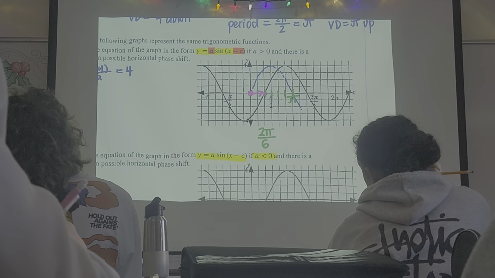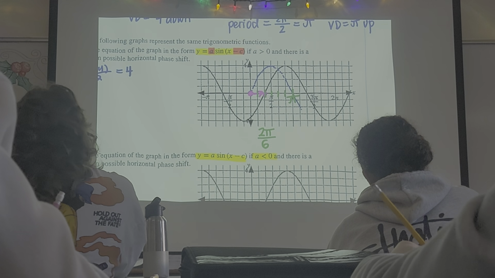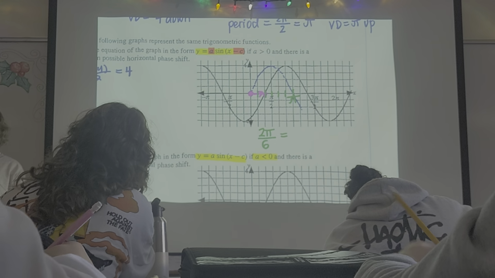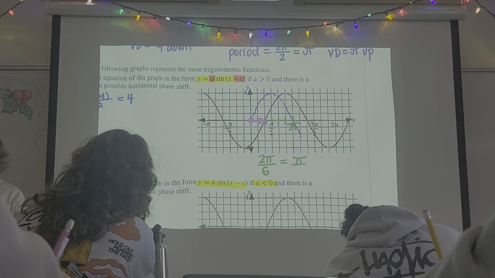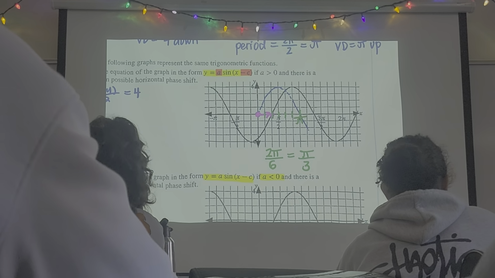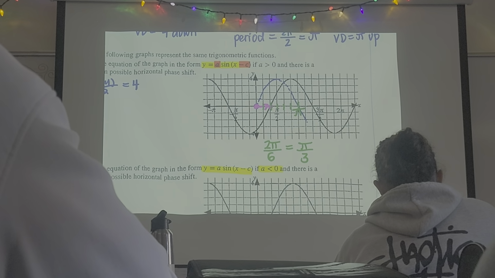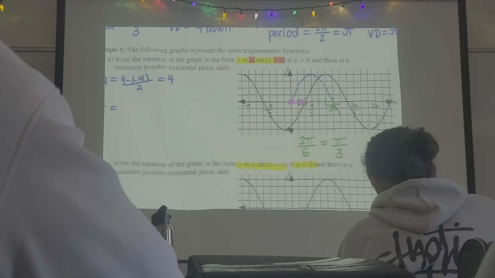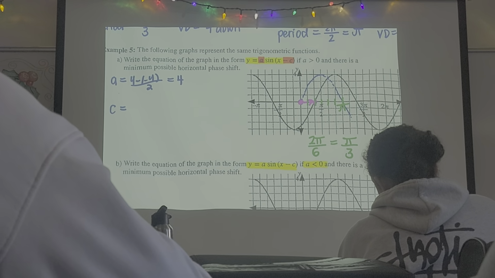Because we've moved 2 units, so we moved 2 out of the 6. Our grid is split up into 6, and we moved over 2 of them. So our C value would be pi over 3.